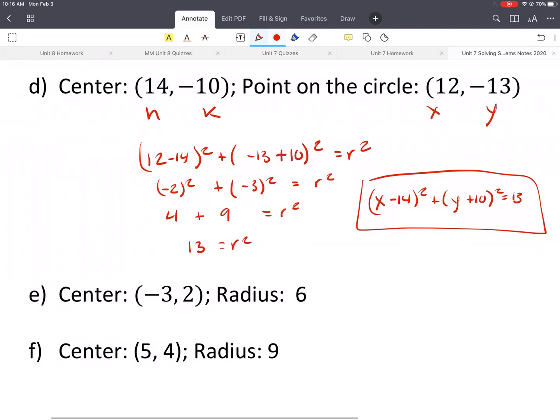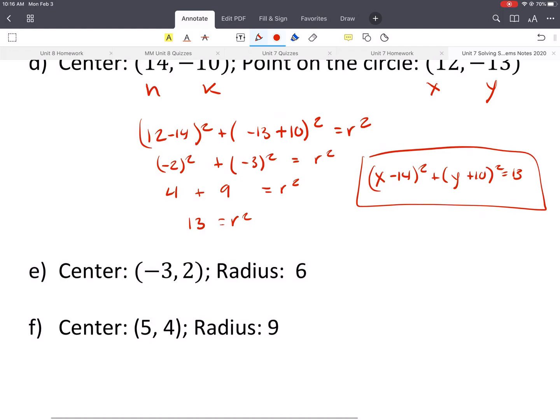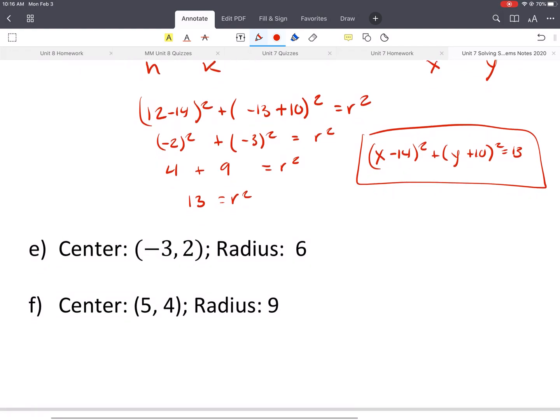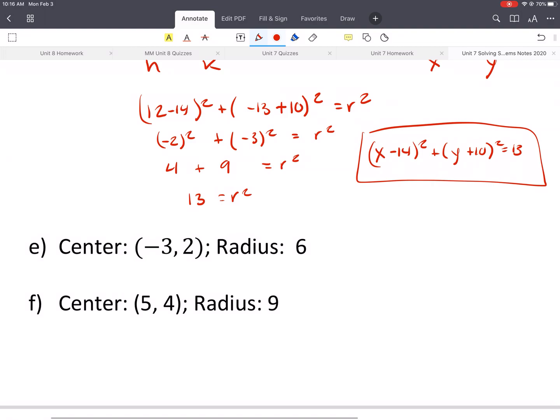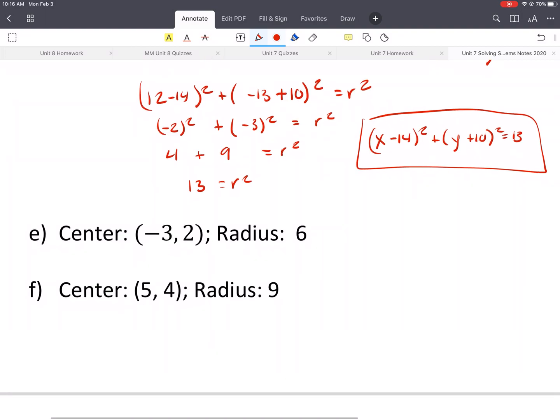All right, well, if you have any questions for those, let me know. Those are sometimes a little tricky. All right, so we got E and F, basically the same, except they tell us what the radius is, so we don't need to figure that out. So we'll just do x minus a negative 3 gives us a positive 3.